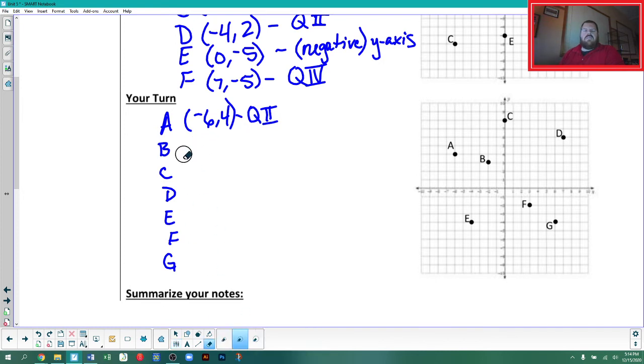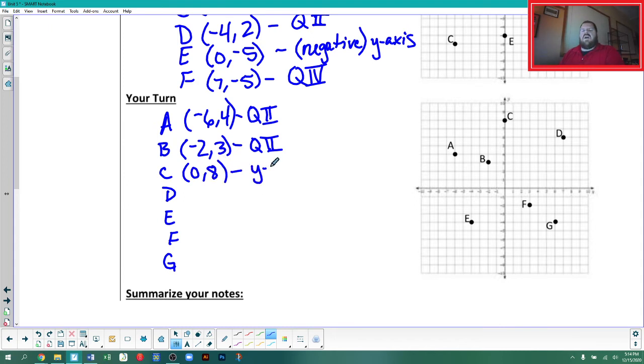B is at -2, 3, and it's also in Q2. C is at 0, 8. And we would want to say that that is also on the y-axis. And again, if you wanted to be thorough, you would say it's on the positive y-axis.